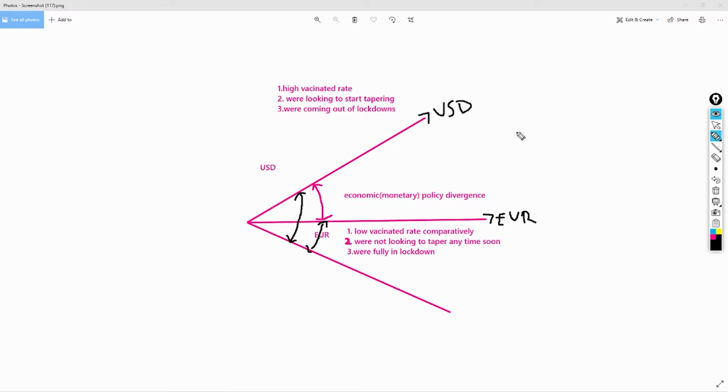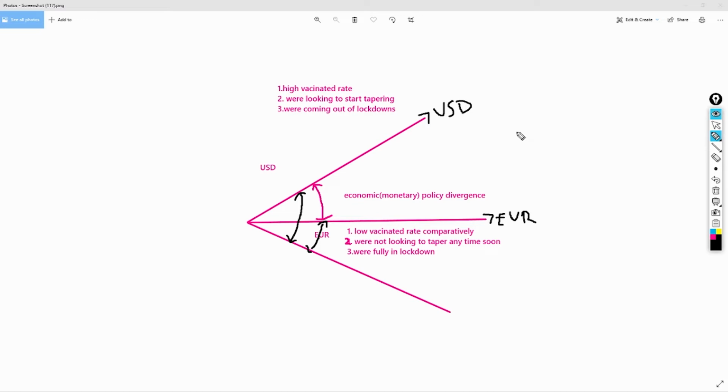And as compared to that, the euro people have a very low vaccinated rate comparatively, and they were full in lockdowns, and this depicted that the economy was still in shambles. But here in the US, the economy was pulling itself out from the shambles, and they were looking to make some gradual steps towards better economic levels.